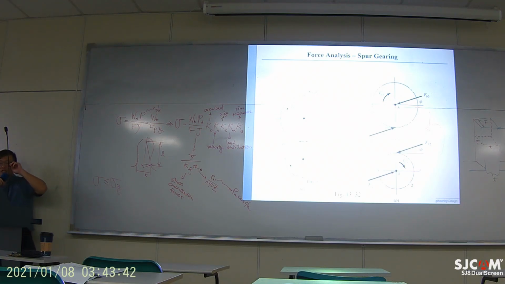Okay? So this is how mechanical design has been done over the past tens or hundreds of years. Usually we start with the fundamentals of physics and mechanics and derive the simplest equation.